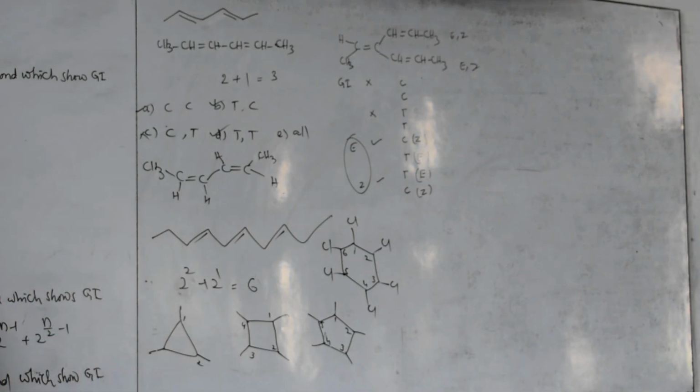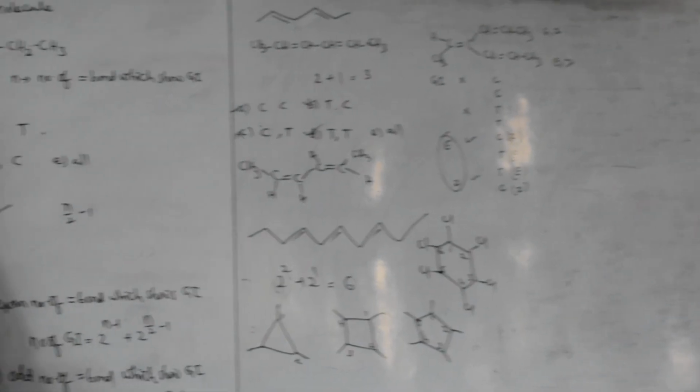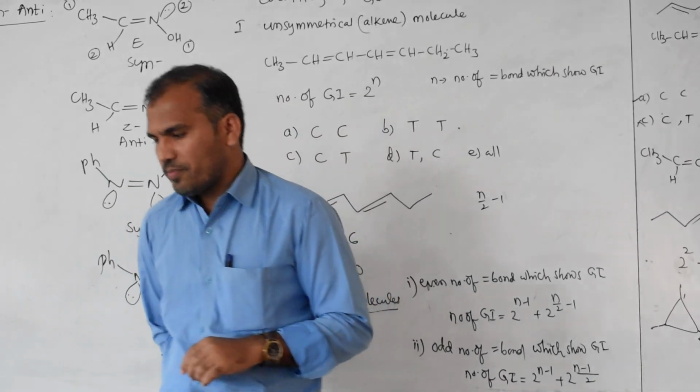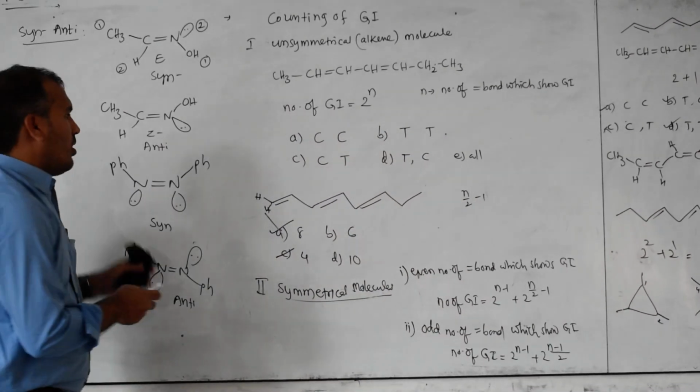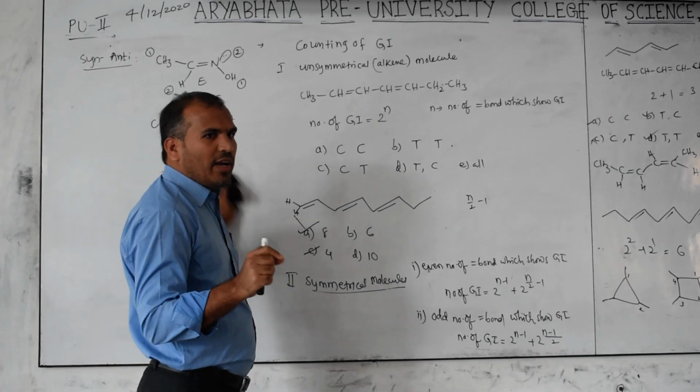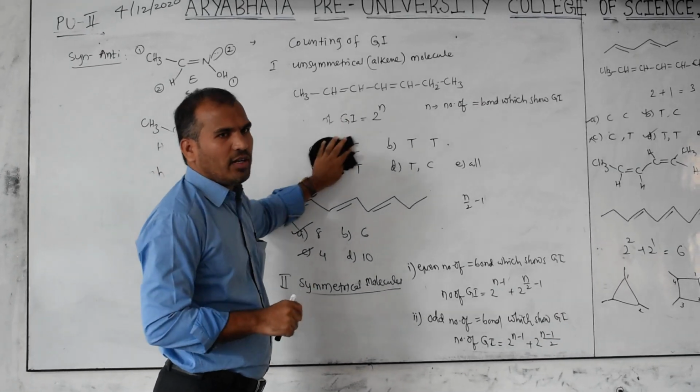Now, optical isomerism. What is optical isomerism? Is optical isomerism a stereoisomer or not? It is a stereoisomer. So what are the conditions to identify stereoisomers? Stereoisomers mean the connectivity is the same, but the arrangement of atoms or groups is different.